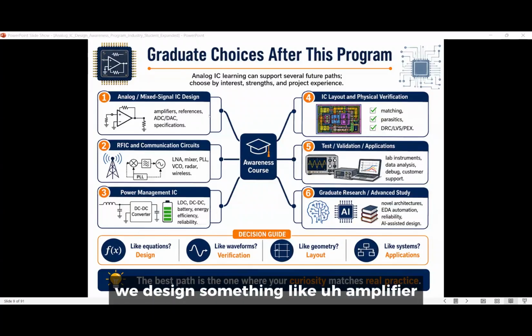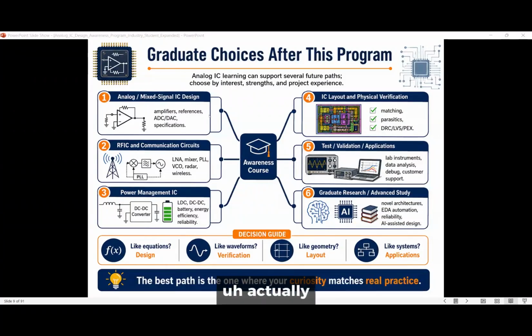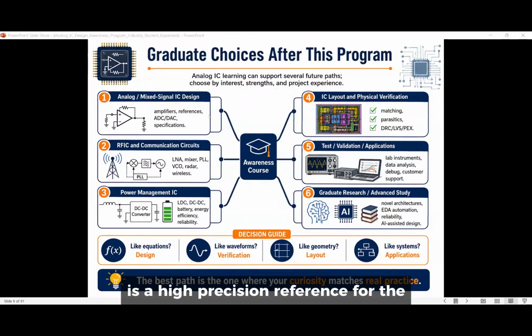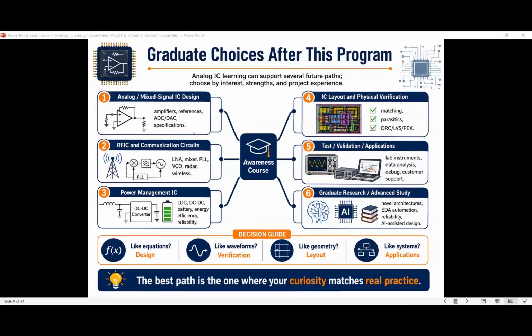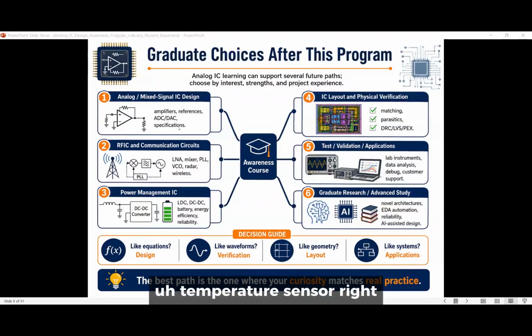We design things like the amplifier, actually op amp, and reference, a high precision reference, for example the current mirror, or the temperature sensor, and also ADC and DAC, analog to digital converter and digital to analog converter. These circuits are very hard to design.